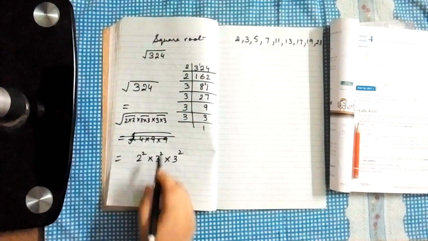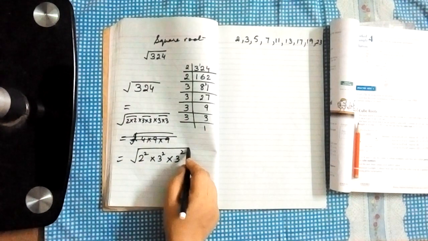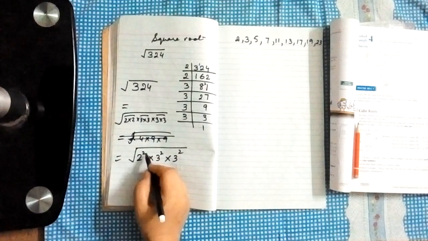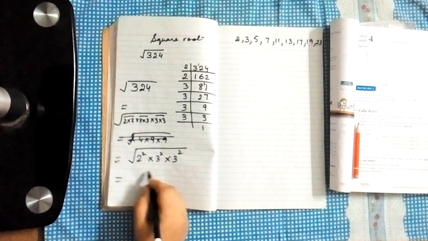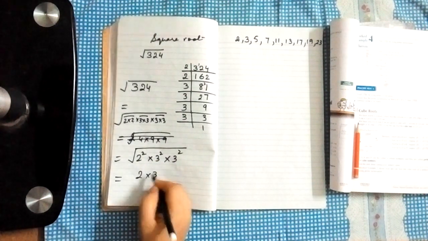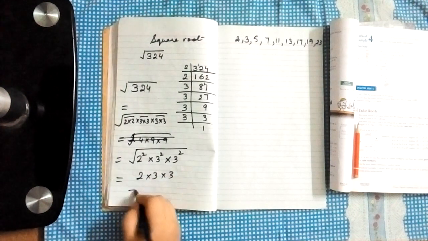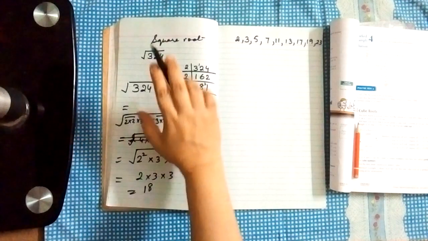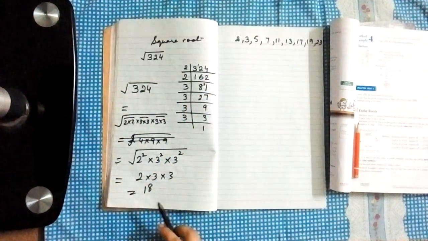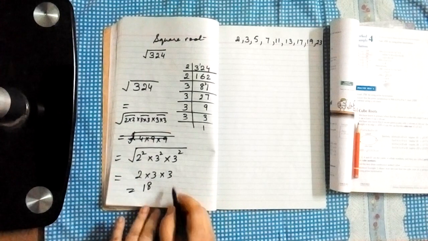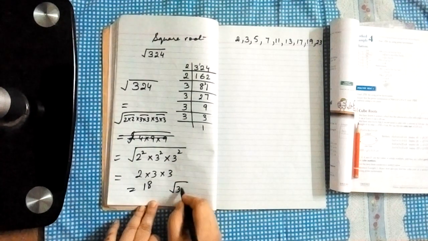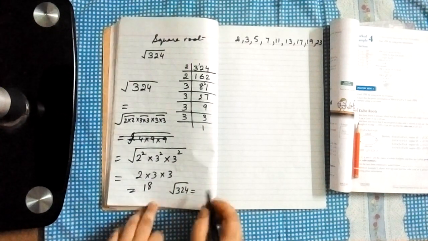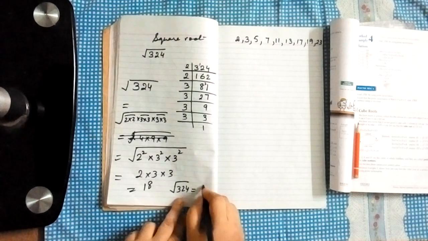You can write the pairs like this under the root, and you know that the square is cancelled by the root, so we get 2 into 3 into 3, which is equal to 3 threes are 9, 2 nines are 18. So under the root 324 is equal to 18. That is the answer. It means the square root of 324 is equal to 18.